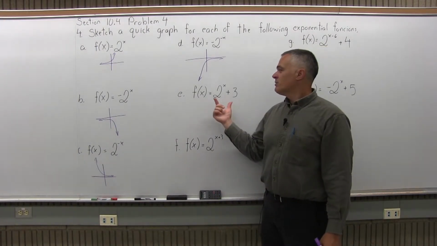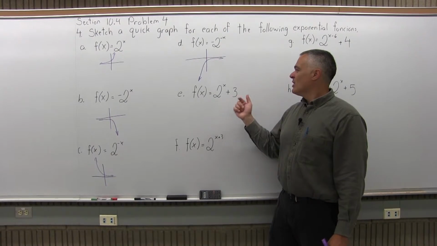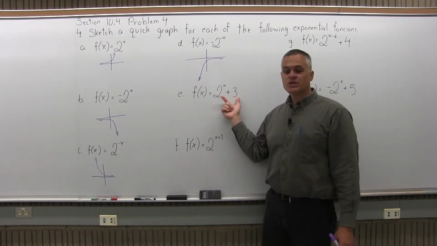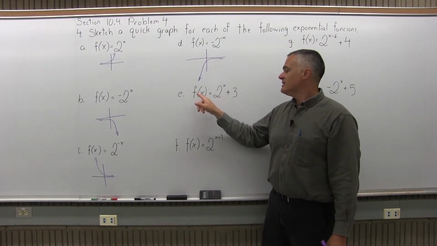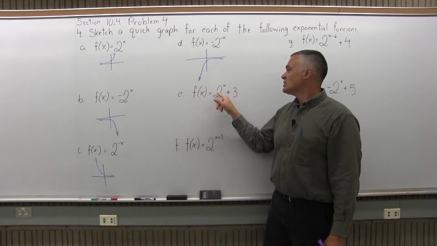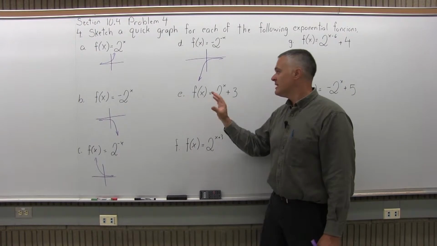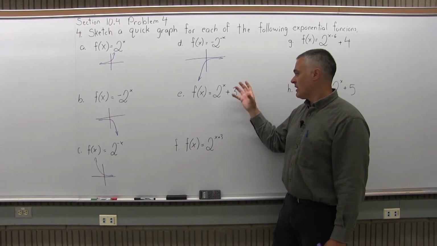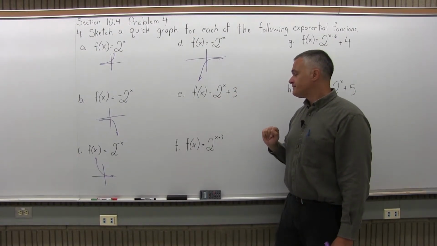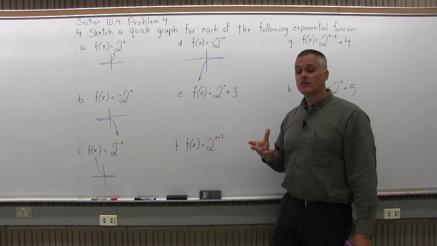Now with part E, we start using what's called a shift. Part E says graph f of x equals 2 to the x power plus 3, where the plus 3 is not in the exponent. It's a number like the 2. That's what you call a vertical shift.